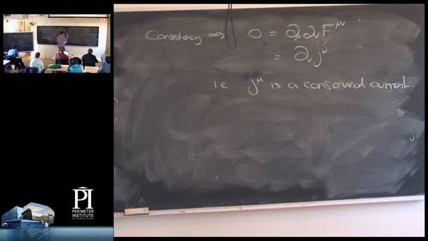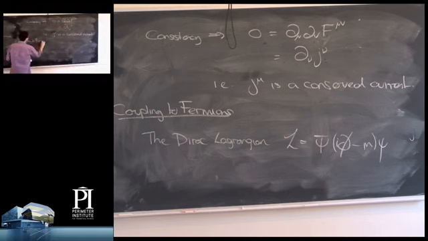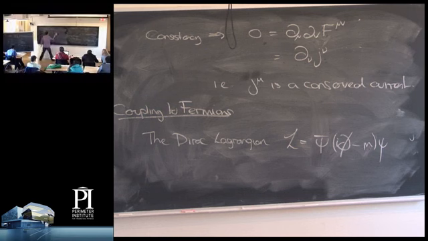Okay. So now coupling to fermions. So this is the Dirac Lagrangian, and we know that this has a nice symmetry, which is basically rotating the phase of psi as a complex field.